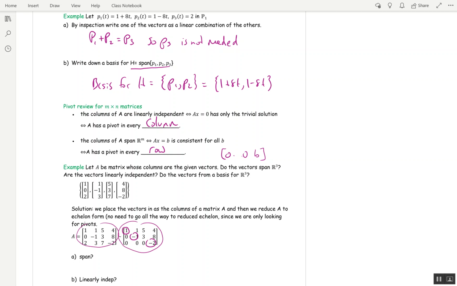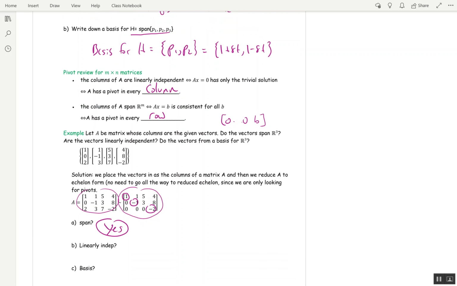So, do those vectors span R3? Do we have a pivot in every row? Yes, we do. Are those vectors linearly independent? Do we have a pivot in every column? No, we don't. So do those vectors form a basis? No, they only satisfy one of the requirements. To form a basis, you have to span and be linearly independent.